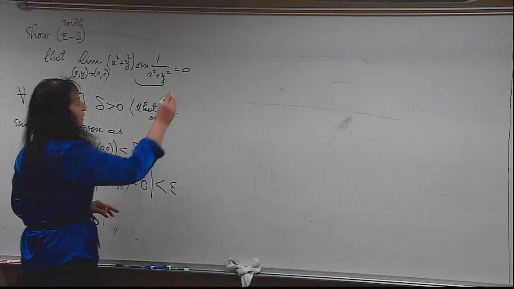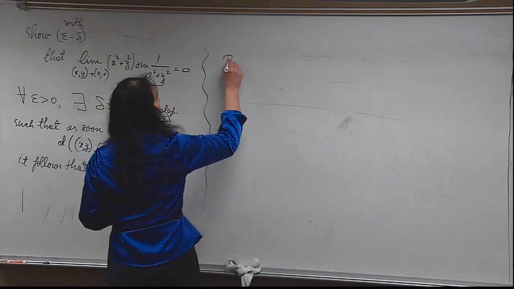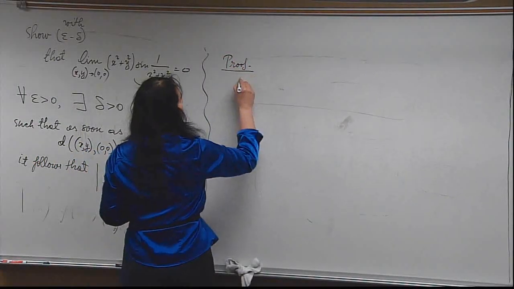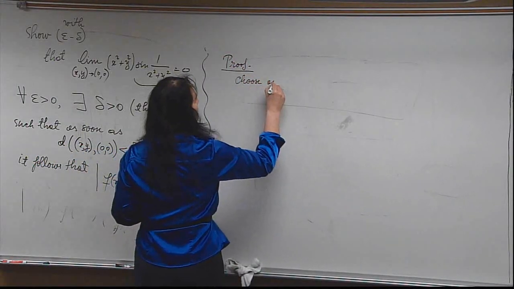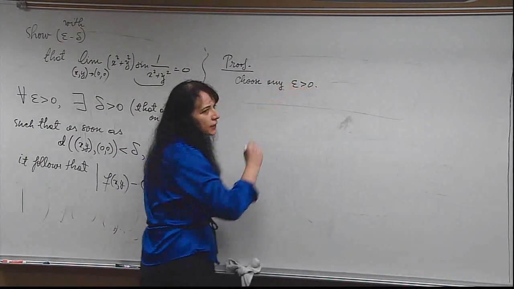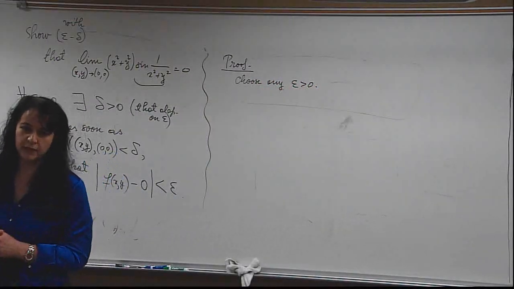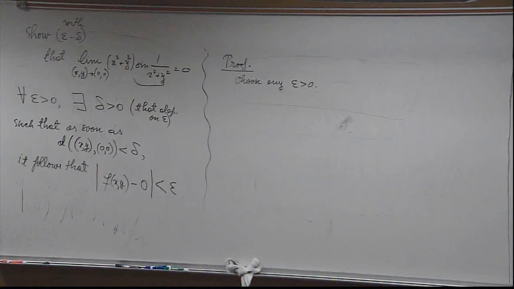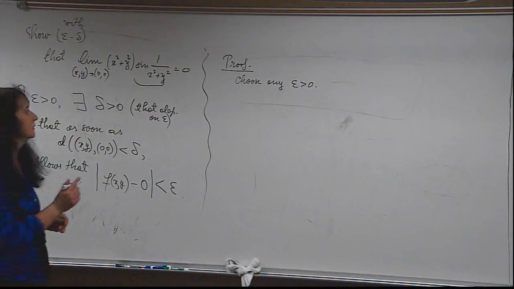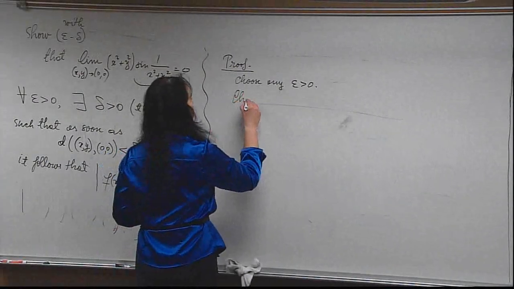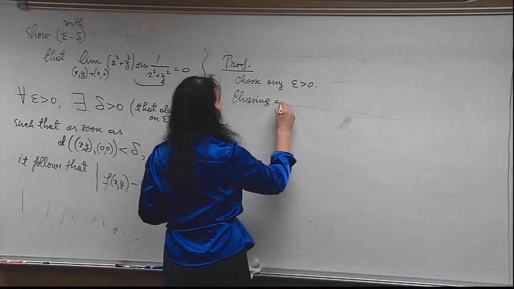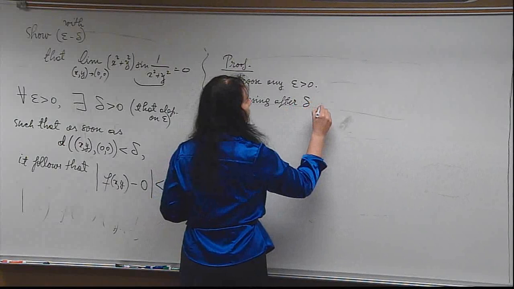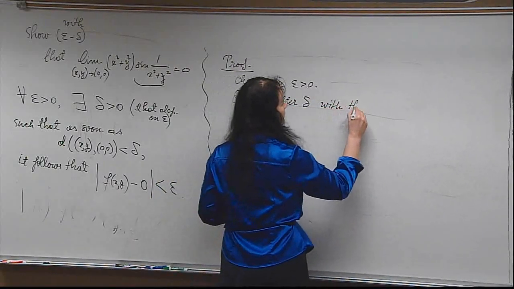First of all, understand what proof. Choose any positive epsilon. And forget about him because he's your friend and he's going to do whatever you want to do with it. Delta, chasing after delta, is going to be a little bit harder. Chasing after delta with that property.